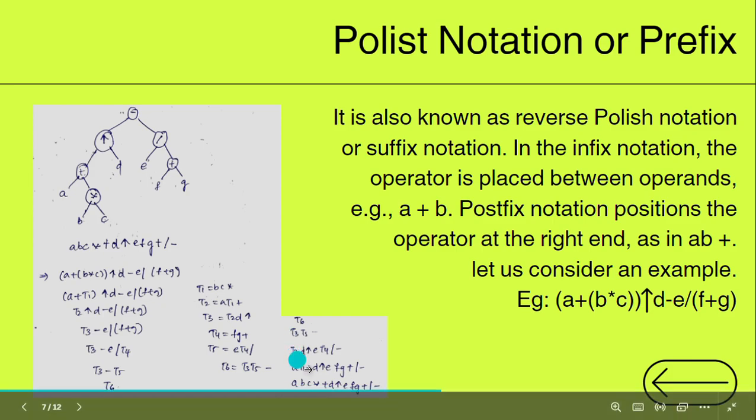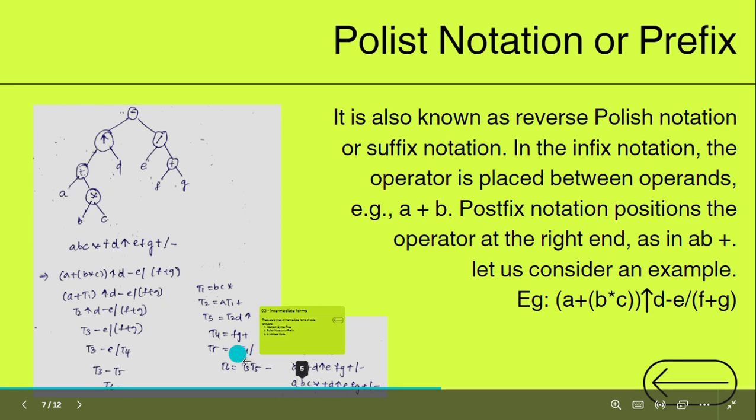Simplifying it. For T3 we have T2 D cap, T2 D cap we are writing, and T5 is T4 divided by, so we are writing this, and we are going to simplify T2 and T4 also. T2 is A T1 plus, A T1 plus we have written, and here, oh sorry, here it is T4.